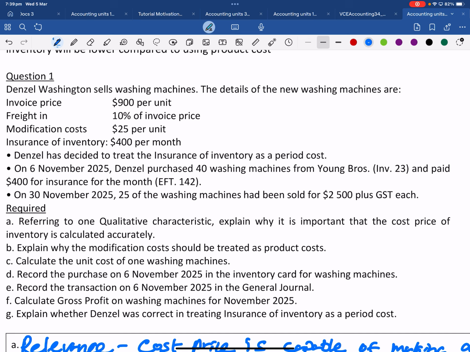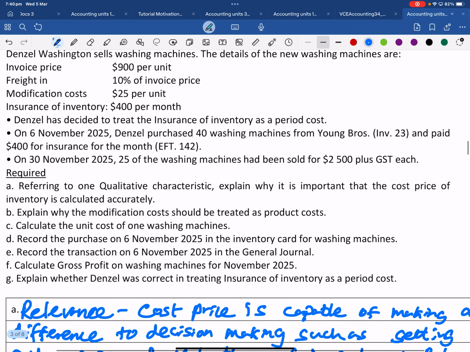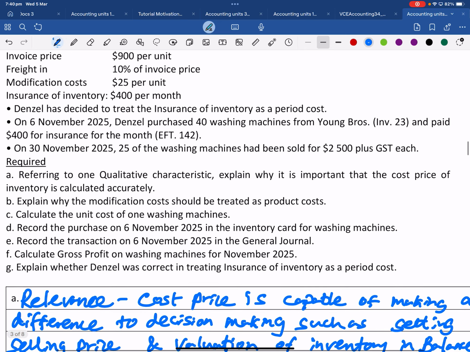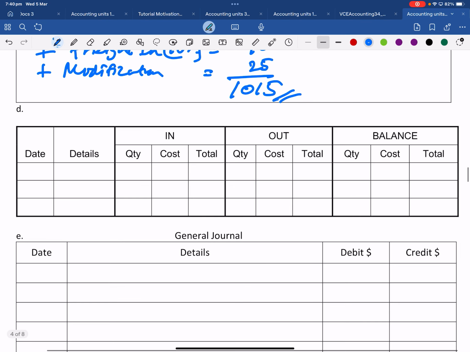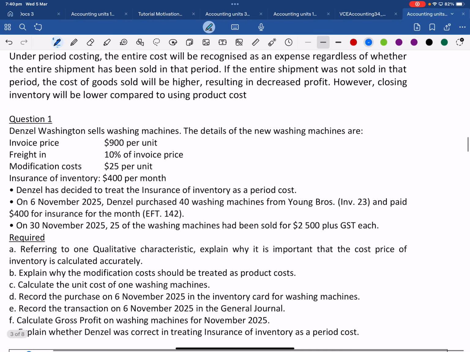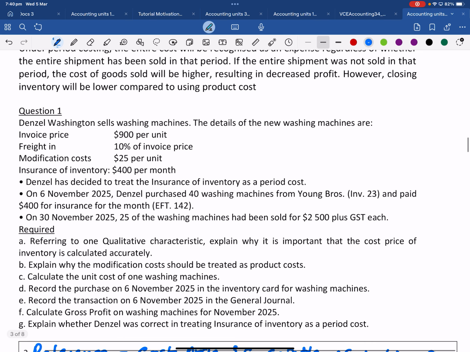Denzil purchased 40 washing machines from Young Brothers, invoice 23, and paid 400 for insurance for the month, EFT. We have purchased 40 washing machines, right? Then how do we record it in the inventory card? Quantity 40. What is the date? November 6. Details: invoice 23. Also, there is 400 insurance for the month.